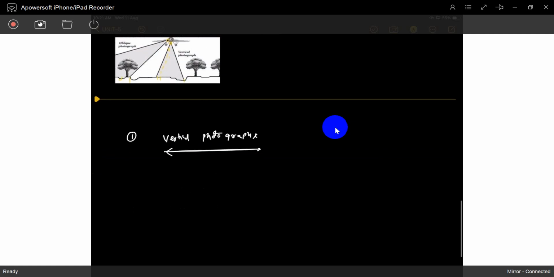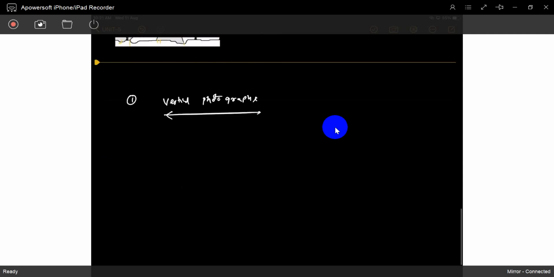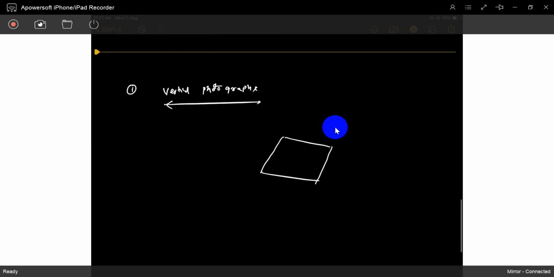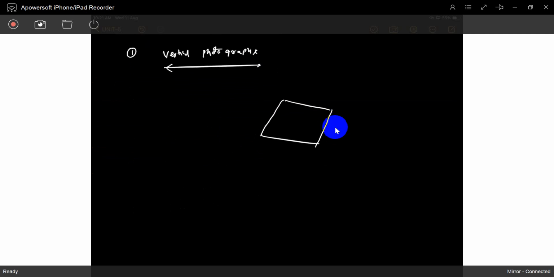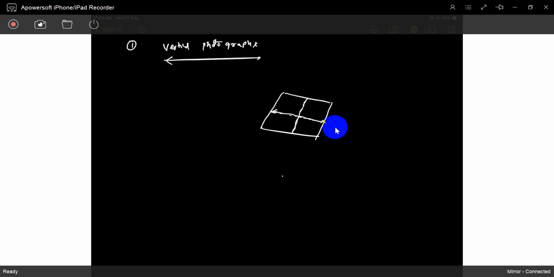Vertical photograph, we already know it. These are the axes, the photographic axis. You see, maybe it's a point.